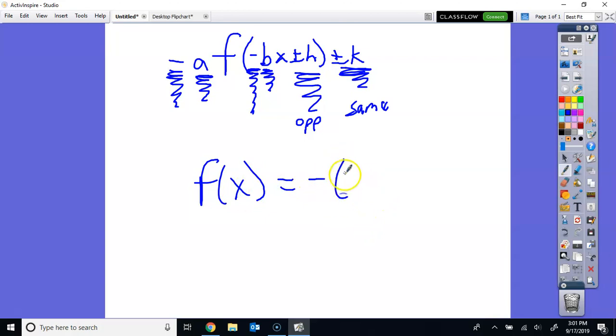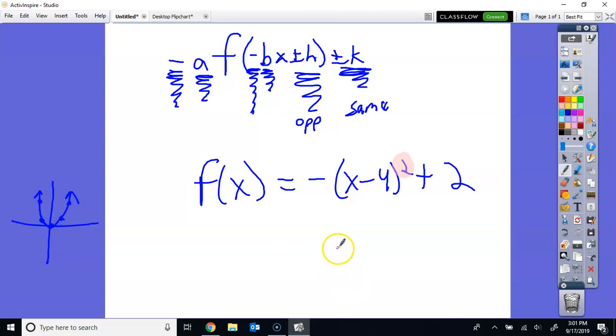like negative times (x minus 4) squared plus 2. First of all, notice that it has an x squared, right? That means it's going to be a shape that originally looks like this. That nice little parabola that we've talked about that goes through those standard points that we've done several times.